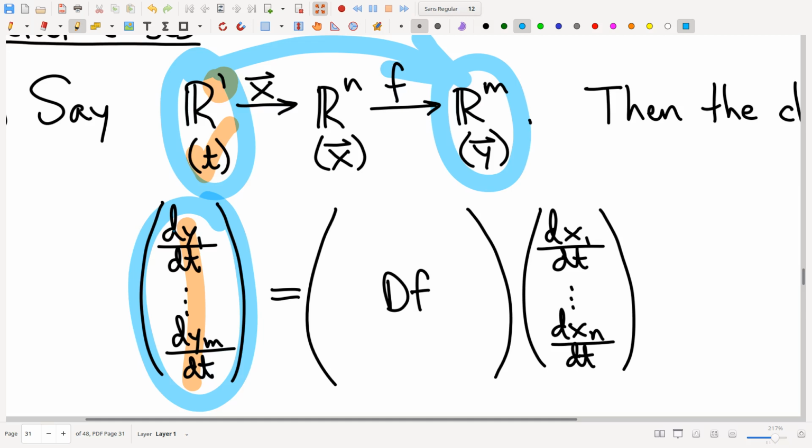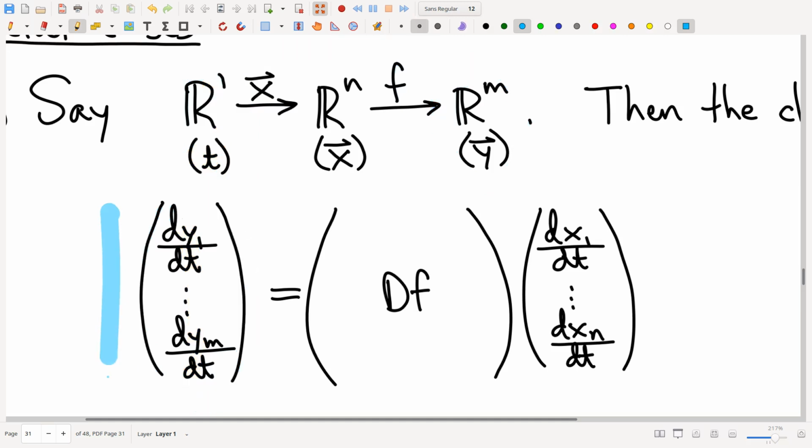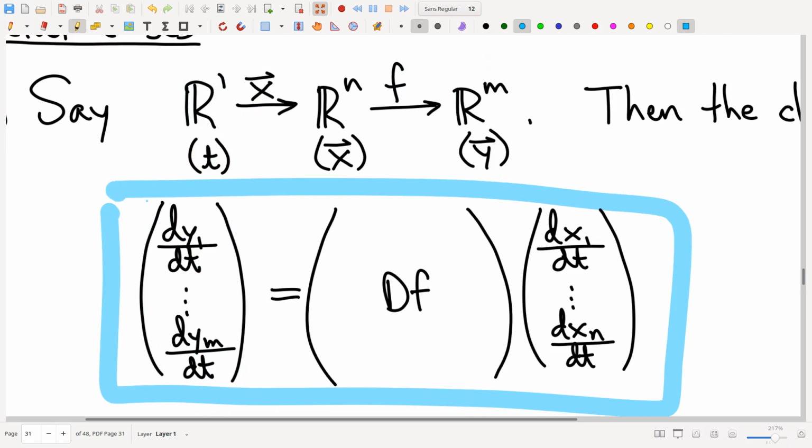Okay, so what we have then, here's our chain rule, right? All I've done here is write down the chain rule. We only have one column each in two of these three matrices.